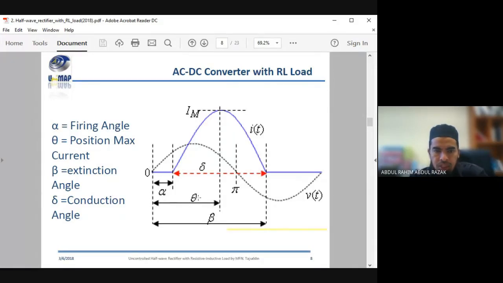Theta here represents the maximum position or magnitude of your current. So these are the 4 attributes or parameters that are important for you all to take note of or to observe.